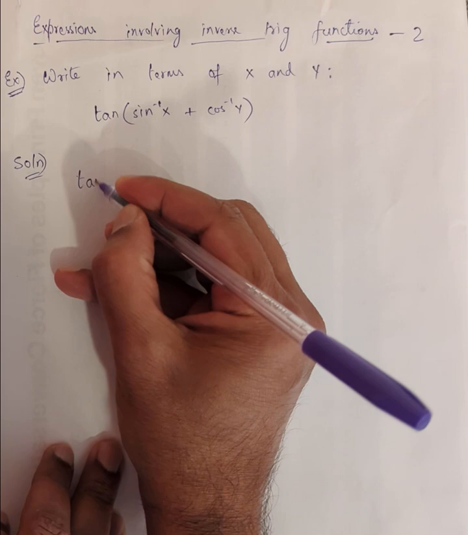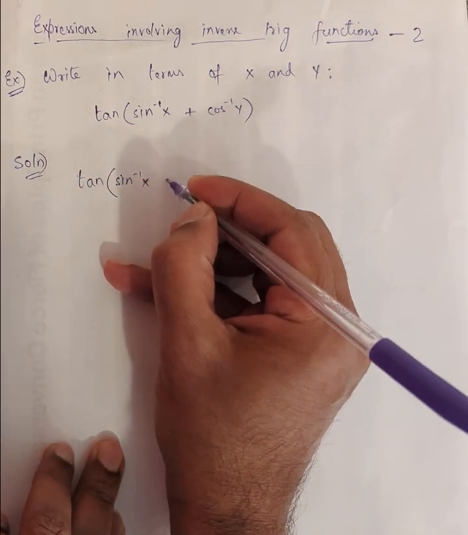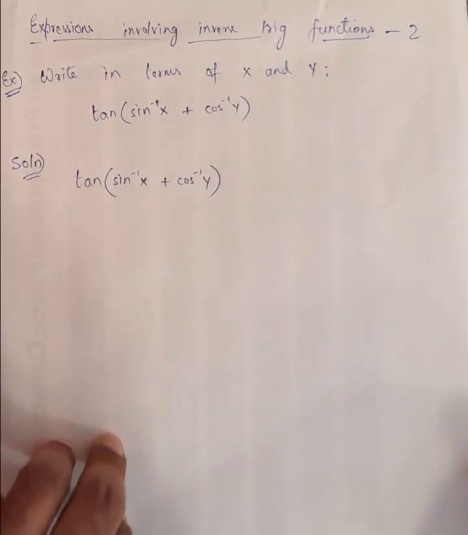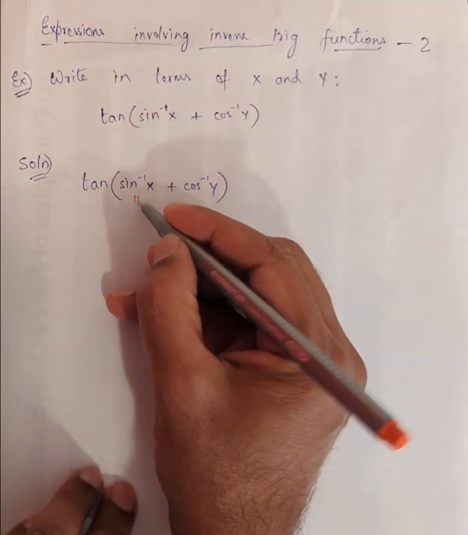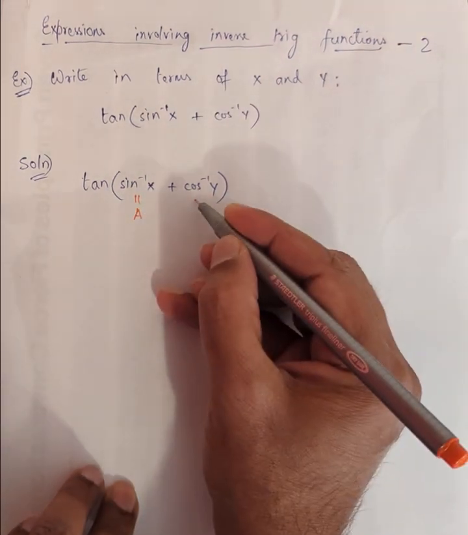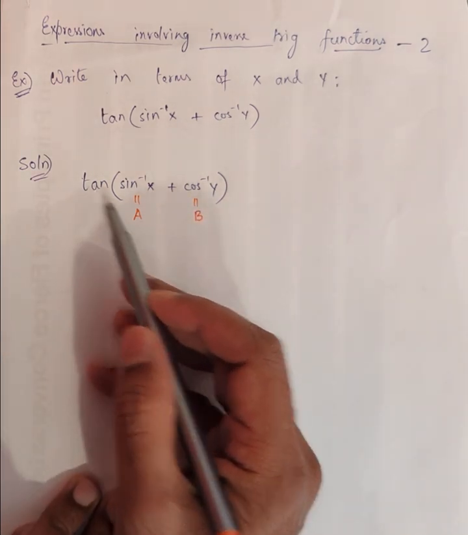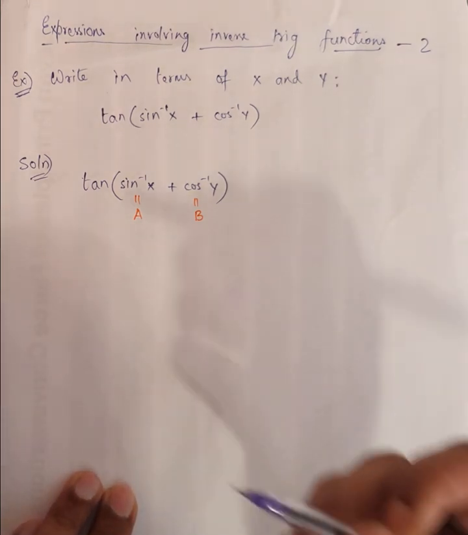Tan of sine inverse x plus cos inverse y. Now each of these are some angles. So let's say this is angle A and this is angle B. So really we have to eventually find tan of A plus B. So we can use the sum rule for tan.